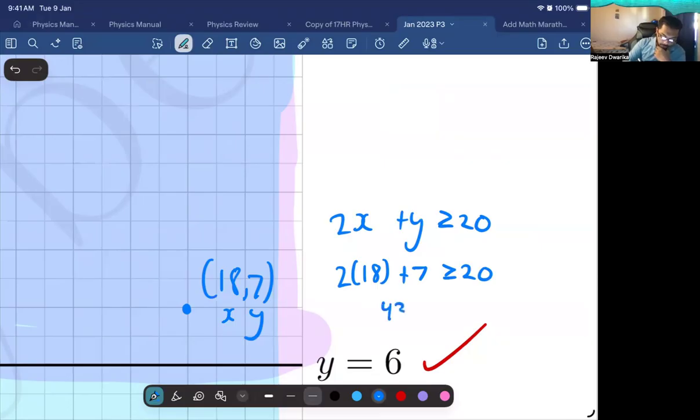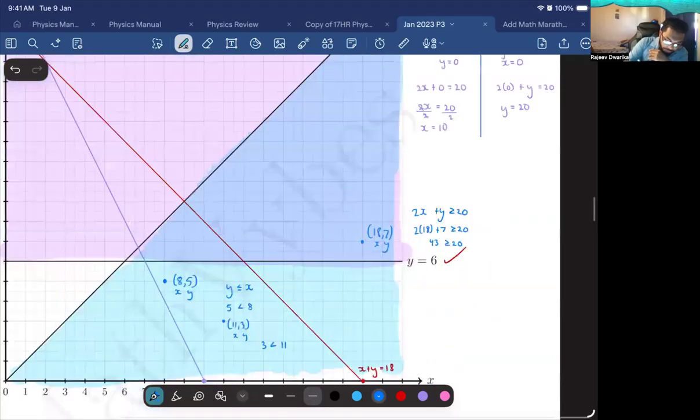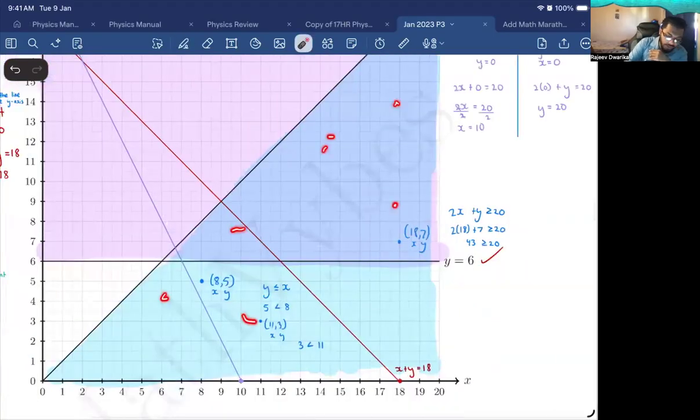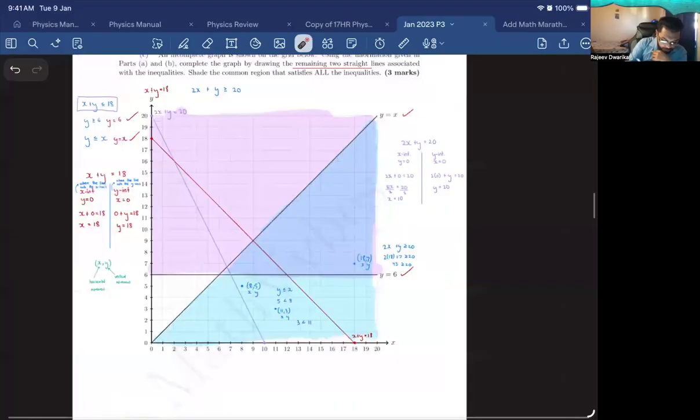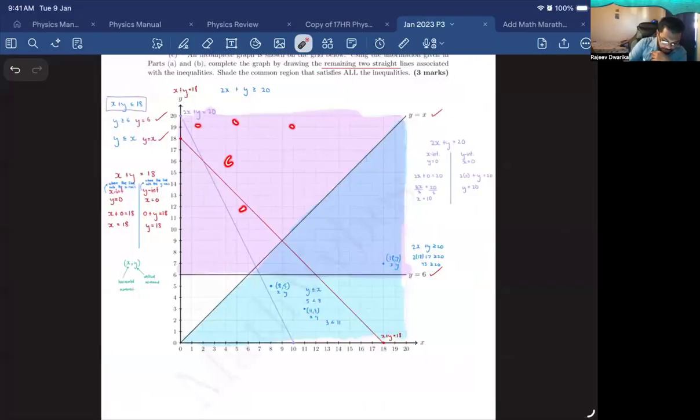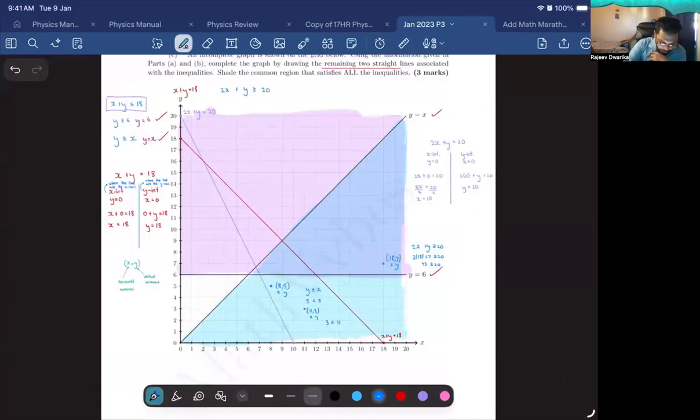Is 43 more than or equal to 20? Yeah. So do points in this region satisfy the inequality? Yes, sir. Exactly. So points in this region would satisfy the inequality, so I'm going to shade that region over there.